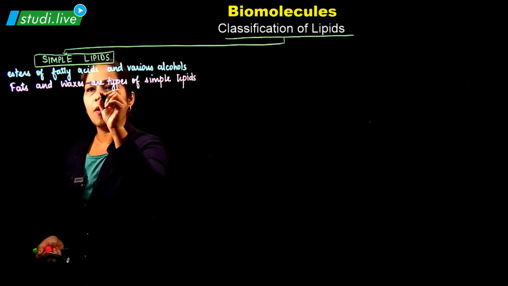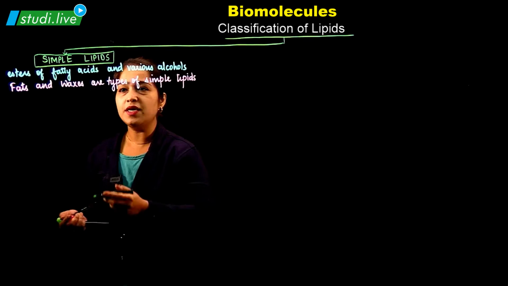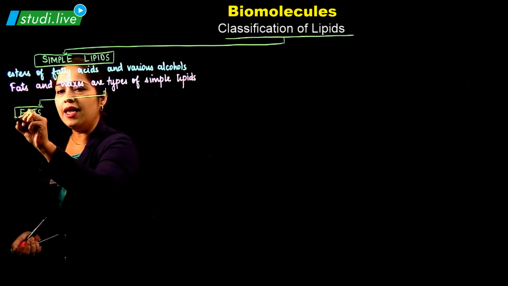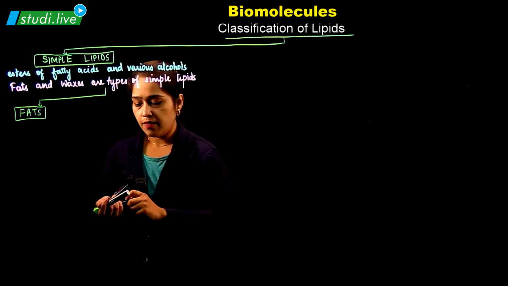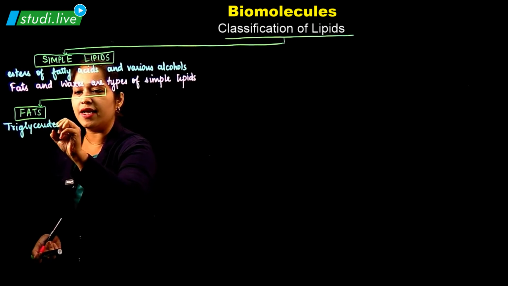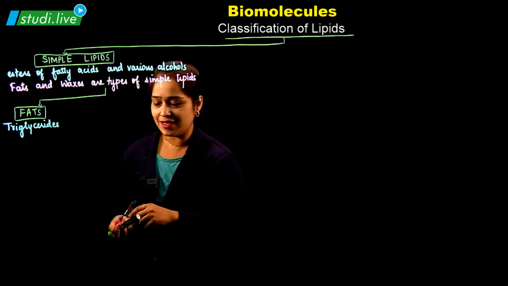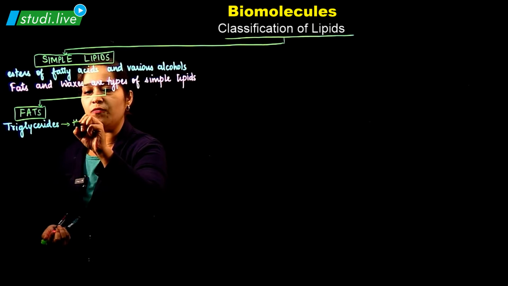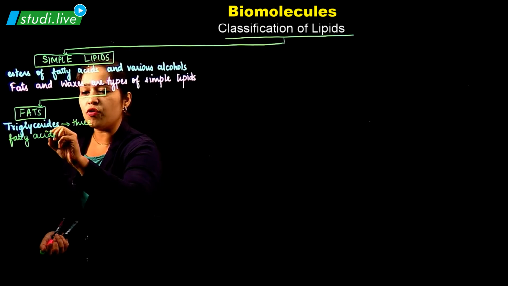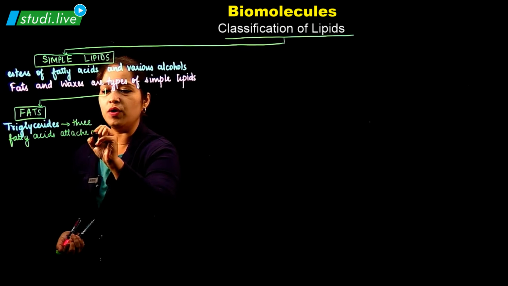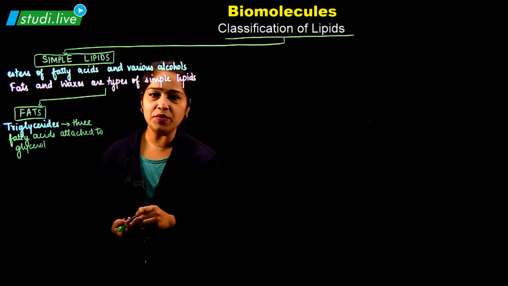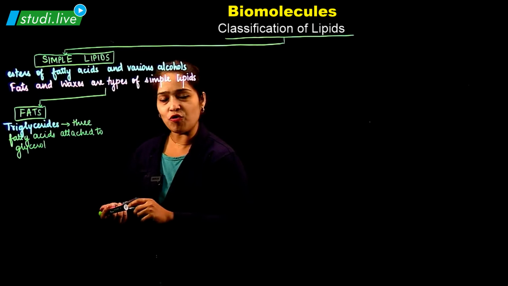So first let us see about fats. Now fats are esters, they are triglycerides. They have three fatty acids attached to glycerol.